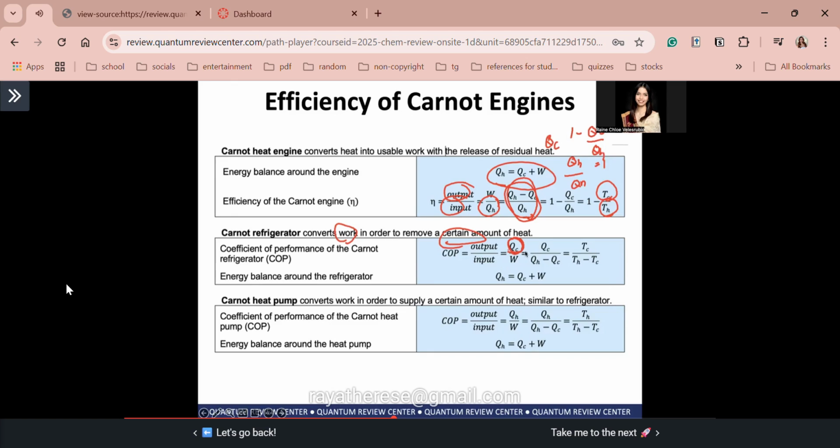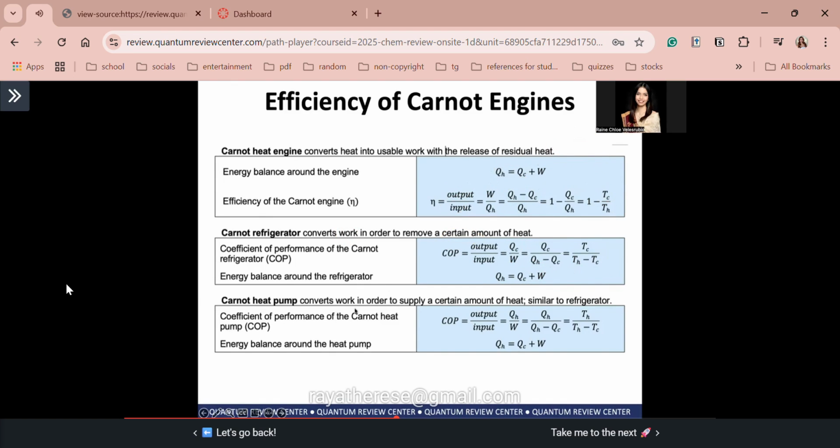That's why it is the output divided by the work. So yung work, guys, yun yung in-input natin, right? It takes work, okay? So solving, we would get QC over QH minus QC, okay? So this is just based on this equation, okay? So when you isolate W, we would just get QH minus QC, right? And then this equation is just equivalent to TC over TH minus TC, okay?